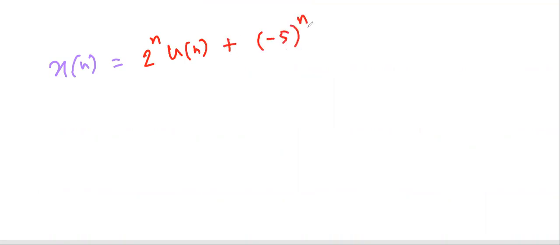For example, if you have x[n] equals 2 to the power n u[n] plus, let's say, minus 5 to the power n u[n]. In that case, according to the last scenario, we can find two poles.